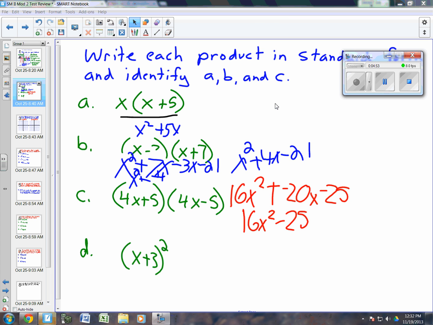Okay, when you were showing the work, you missed something in there. There's a negative 20x and a positive 20x, and they add up to 0, and that's why you get the 16x squared minus 25. But that's the correct answer. Do you see what I'm saying? You should have had a 4x times a negative 5 and a 5 times a 4x.